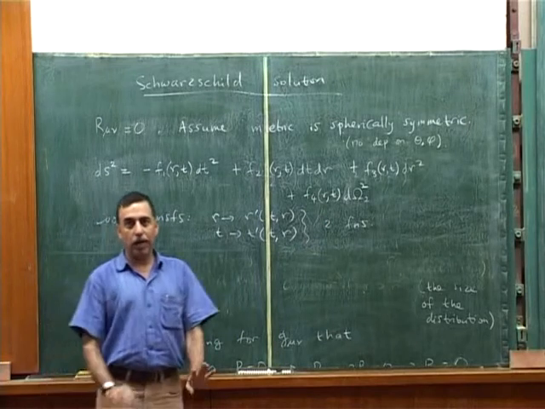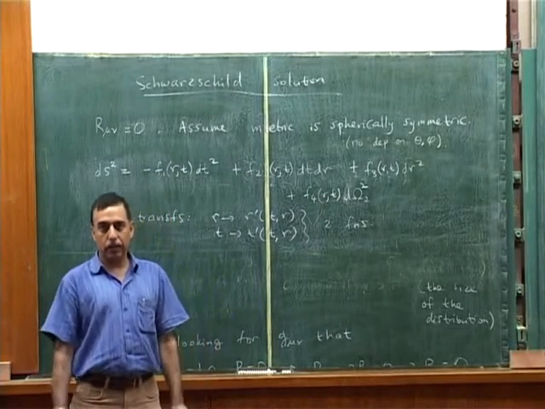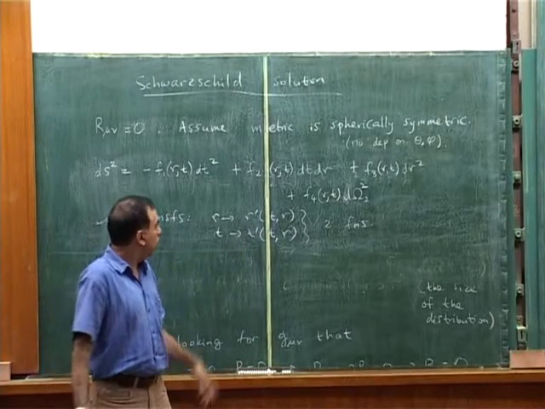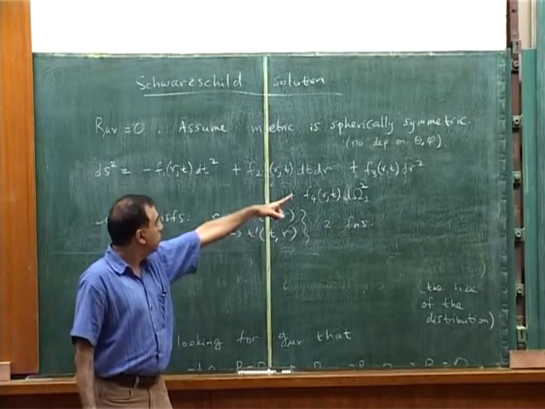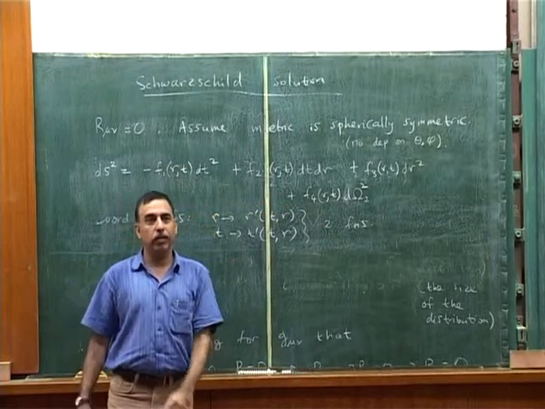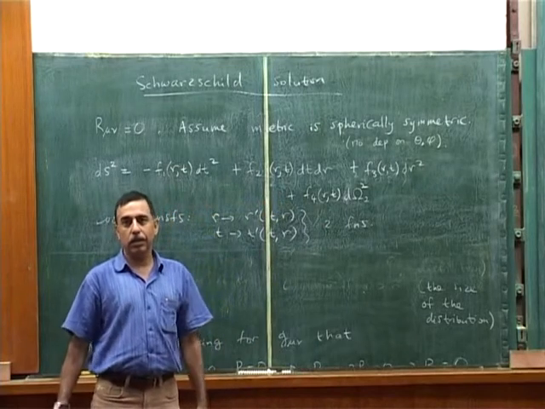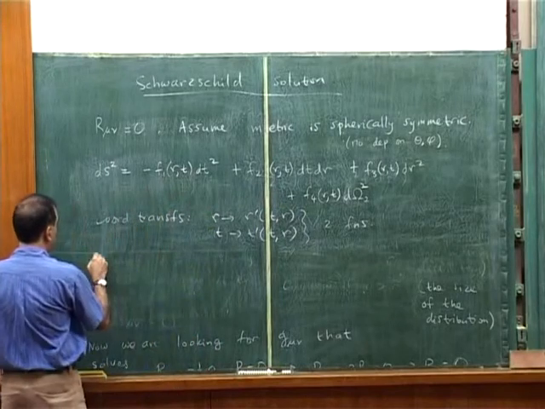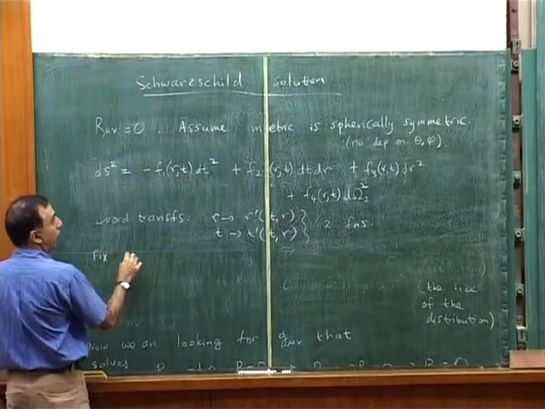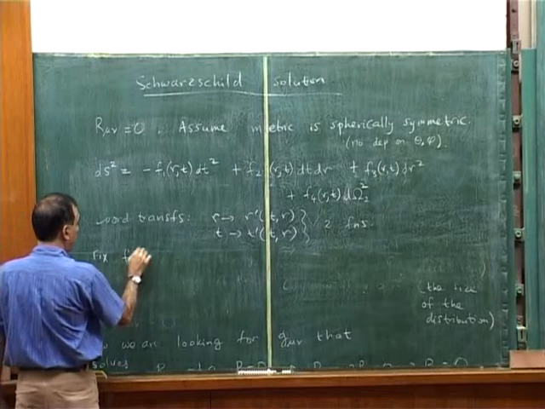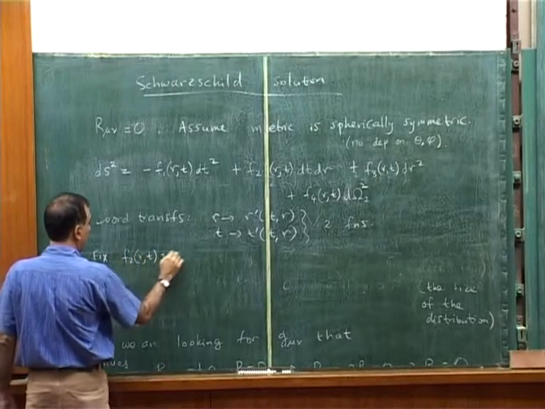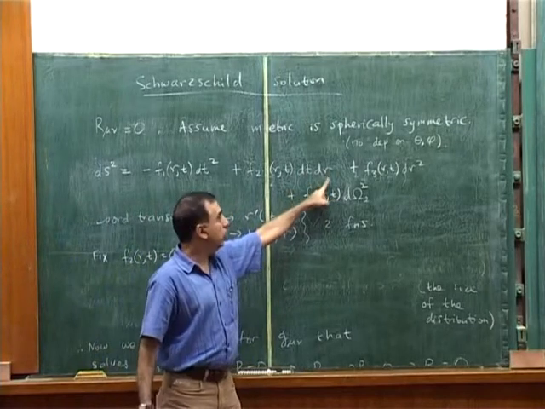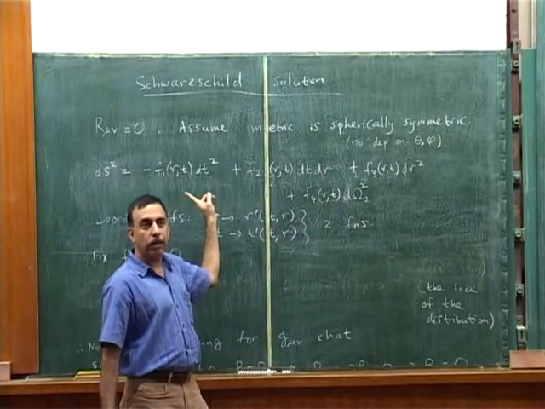Modulo mathematical subtleties that could arise in principle, but actually can be shown not to arise, you can use these two transformations to fix any two out of these four functions. So we are going to use it to fix f2 of r and t to be 0. Thereby we have got rid of the only cross term, and now the metric will be diagonal.